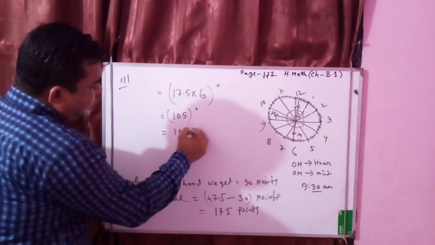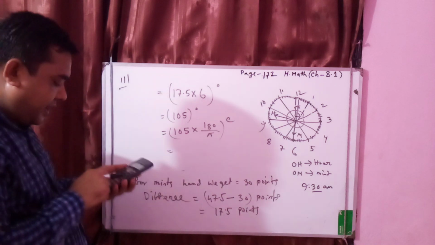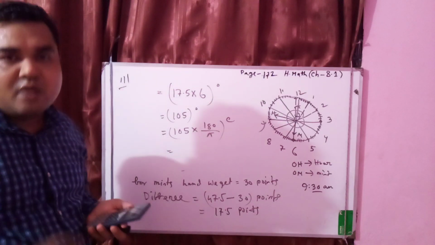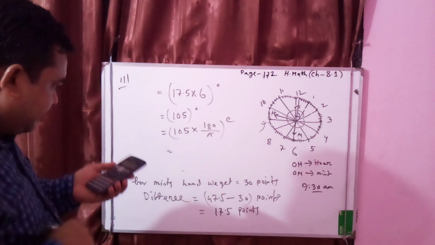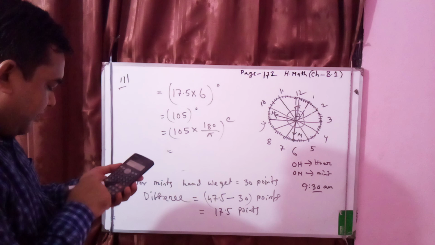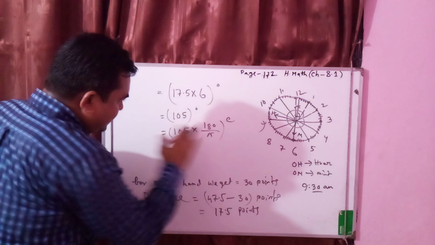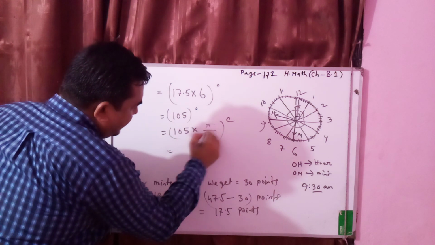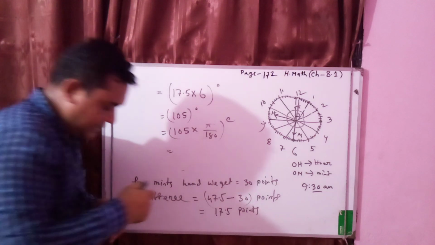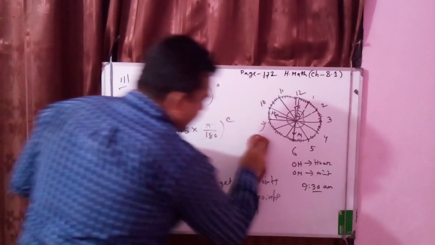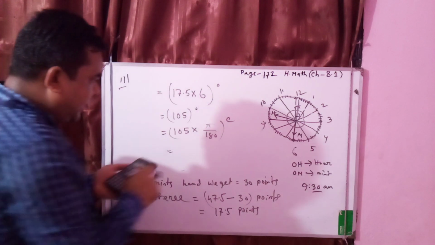Sorry, we need to convert to radian, so we multiply by pi divided by 180. So 105 multiplied by pi.